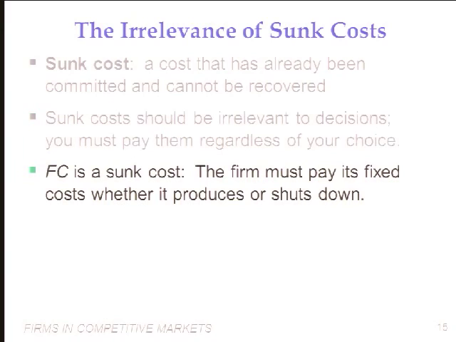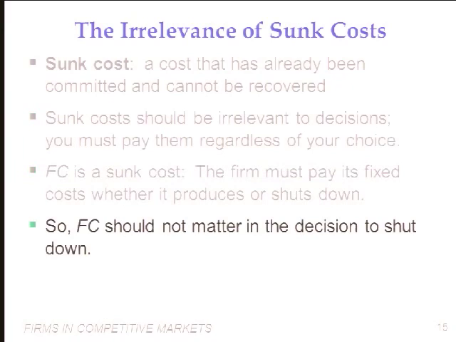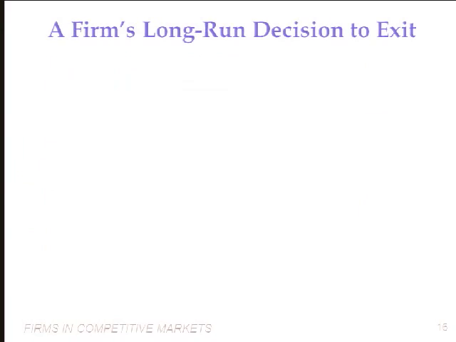Now let's look at a firm's long-run decision with regard now not with respect to shutting down, but exiting the industry and no longer having the option to produce a positive quantity at some future period. Once again, the loss is going to be the total revenue. The benefit of exiting the market is going to be the cost savings. Now it's just not total variable cost, but instead it's total fixed cost, because in the long run, you can avoid the fixed cost as well.